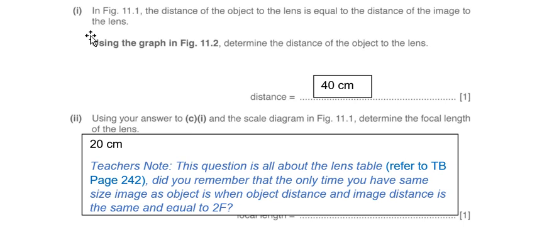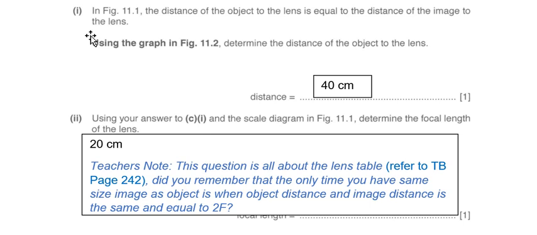And u equals 2f is the only diagram that shows you that the object distance is equal to the image distance. Before this, when u is infinity and u is beyond 2f, the object distance is greater than the image distance. And after u equals 2f, generally the opposite is true. You can see that object distance becomes smaller than image distance.